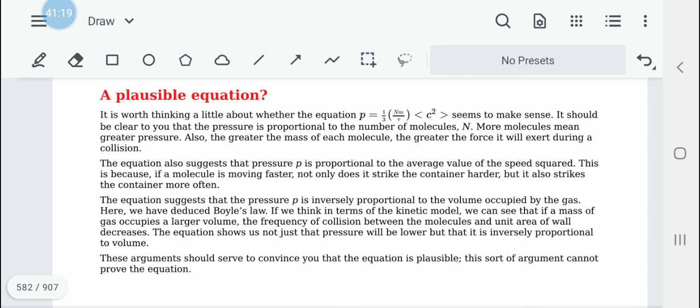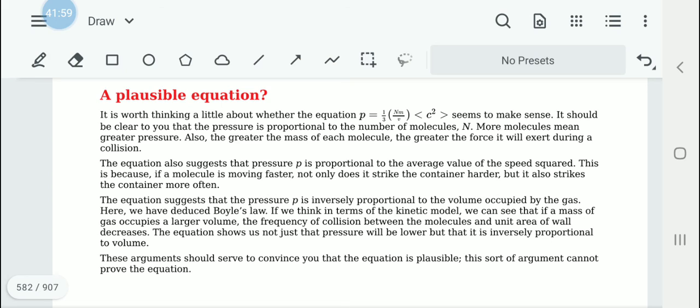Also, it shows us that the pressure becomes lower while being inversely proportional to volume.